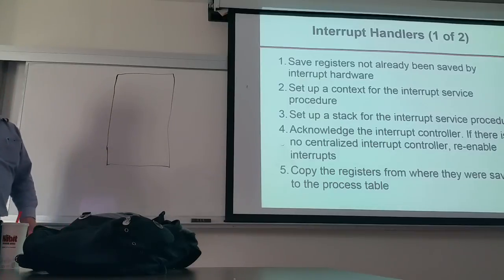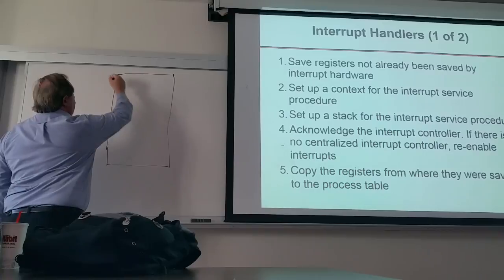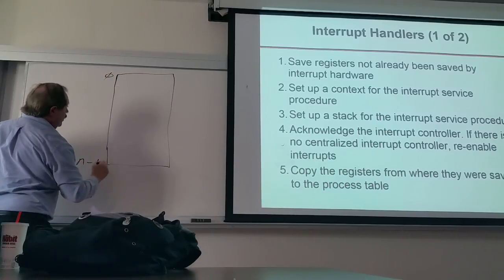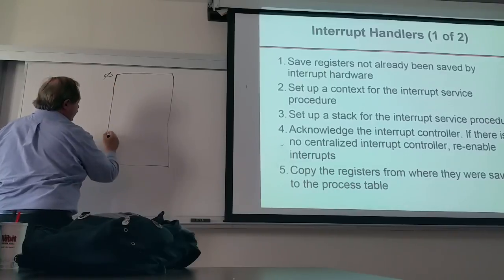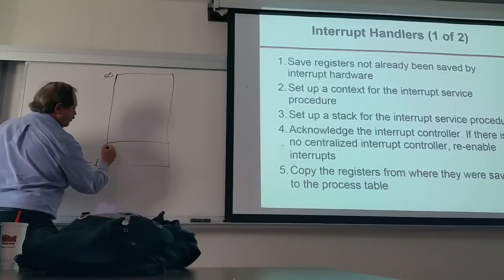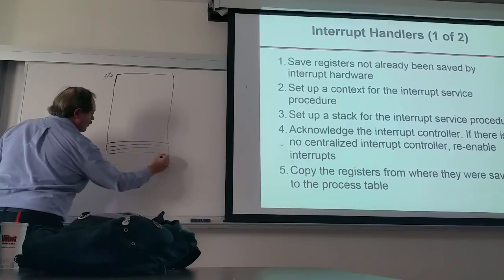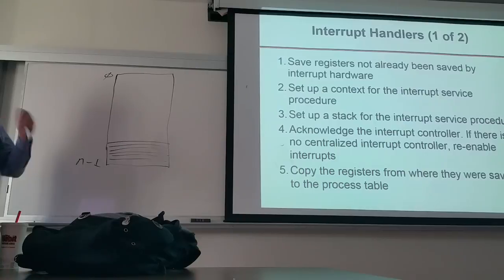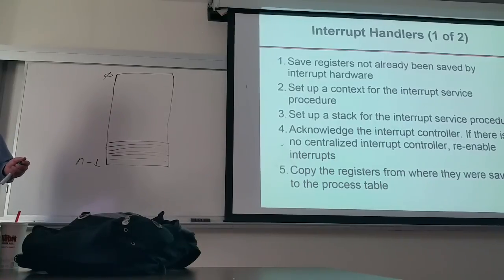we need to know some very specific addresses. Okay, depending upon where in memory your operating system gets loaded, a lot of times it's towards the end. Since the hardware is calling the system, the hardware has to know what address to go to.